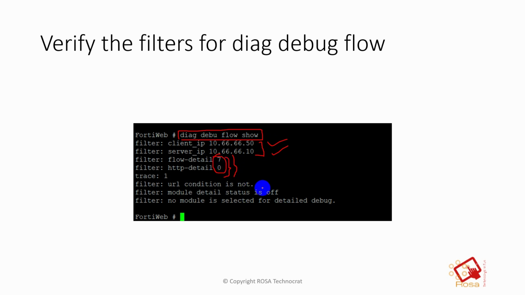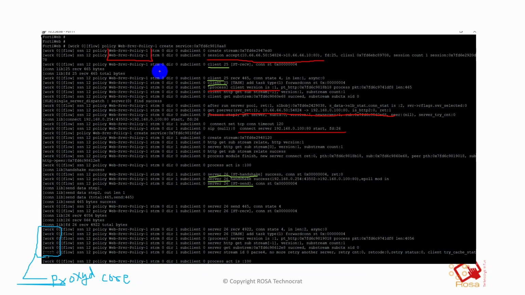Once you have verified the filters, you just have to do diag debug enable. As soon as you do diag debug enable, you will be able to see all the flow debugs for the traffic that you are filtering.